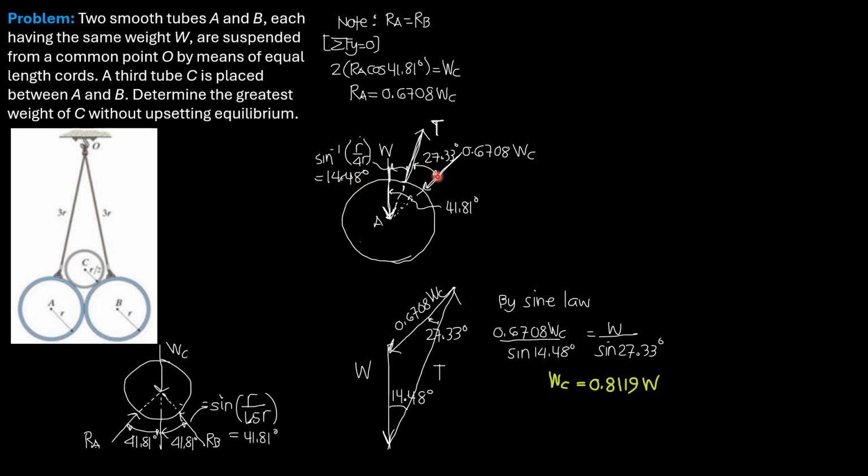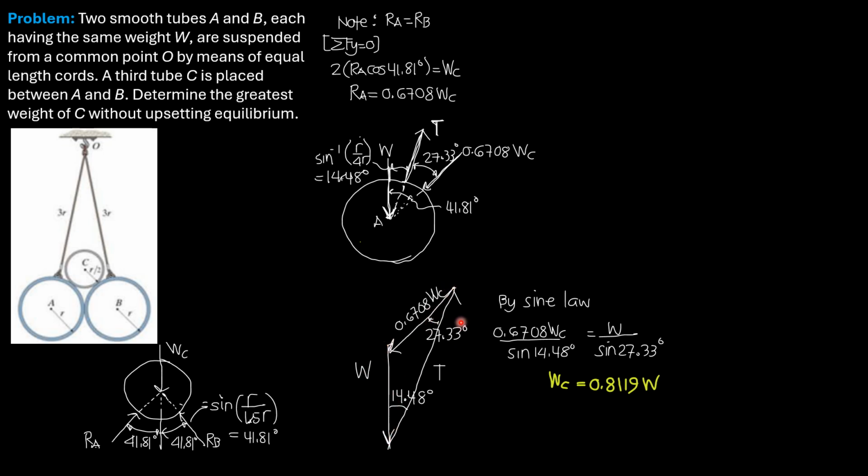We then draw the force triangle. You can also compute this by summing up forces along X and summing up forces along Y. Then you can solve T and WC simultaneously. But I'll just use this force triangle. The system is in equilibrium, so these three forces must be in a closed triangle.